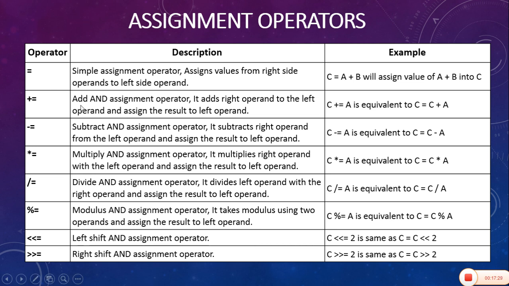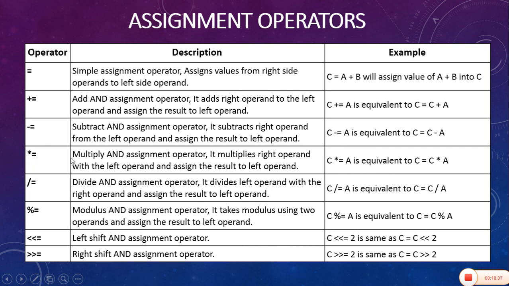Next is the add and assignment operator, the plus sign and equal to sign, which is equivalent to this. Similarly, for subtract and assignment, instead of writing c = c - a, you can write c -= a, and both have the same meaning.